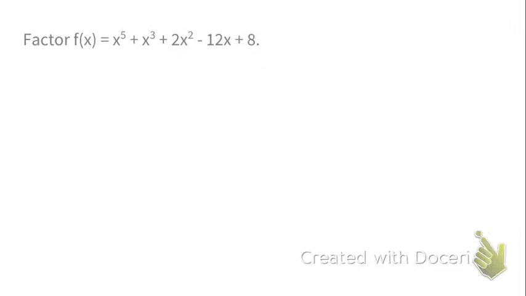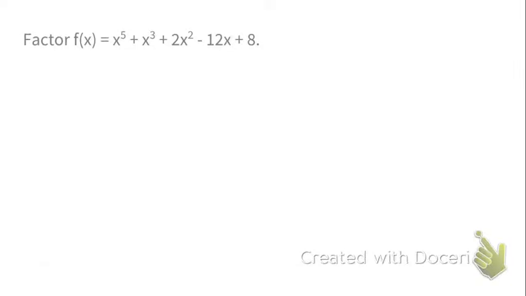Alright, so let's factor this using all the stuff we learned. Let's say we had to factor this and we weren't given any zeros, whether they're complex or real, rational or irrational. So we have to test numbers. All the possible zeros would be all the factors of p, which is all the factors of 8.